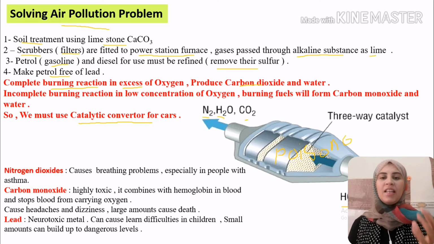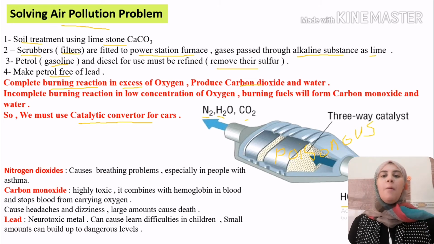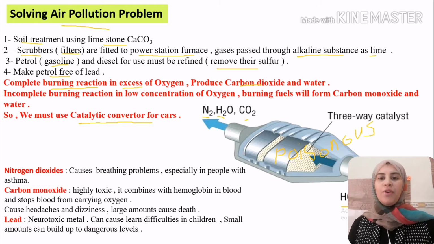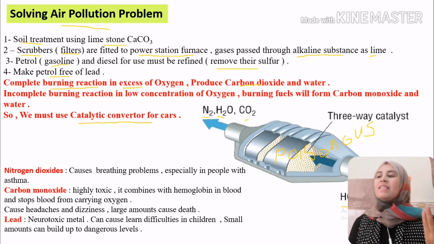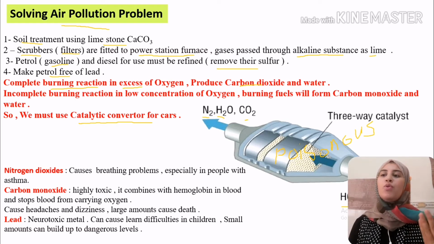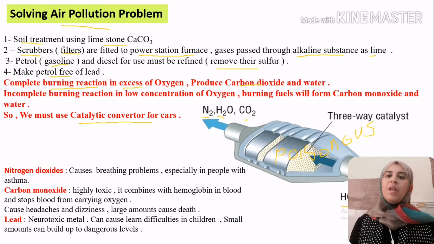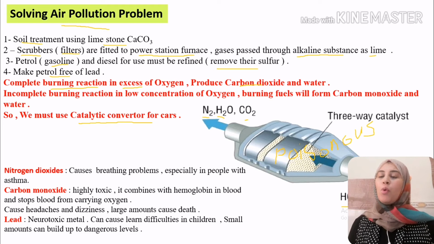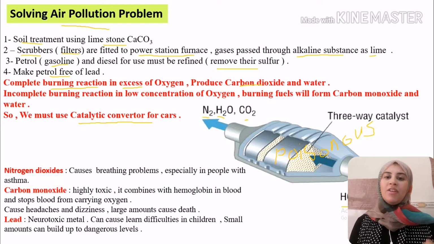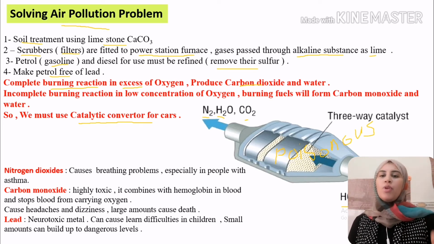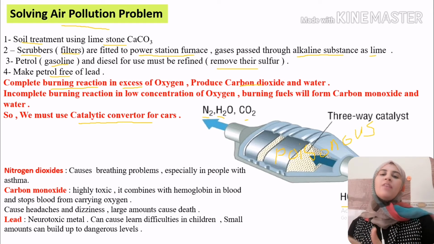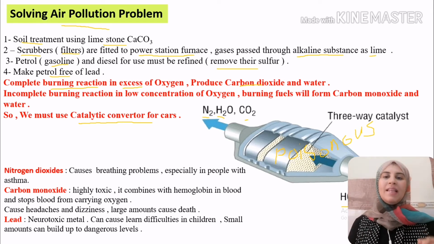It can damage it, and by damaging the catalytic converter, it will be useless. It will be unable to convert carbon monoxide and nitrogen oxides into nitrogen, water and carbon dioxide.